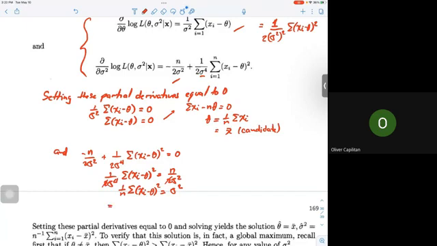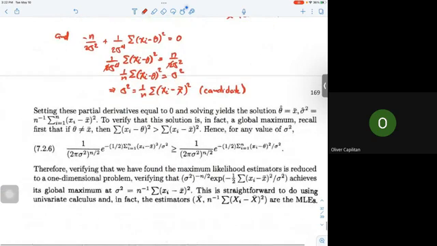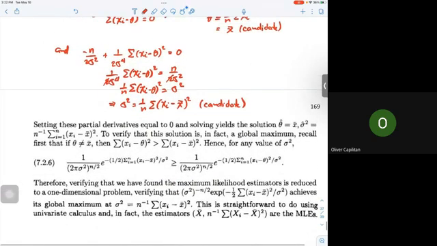Or you say sigma square is equal to 1 over n, the summation of xi minus, we know already what is theta. So theta here is x bar, quantity square. But still again, this is a candidate of a local extreme.